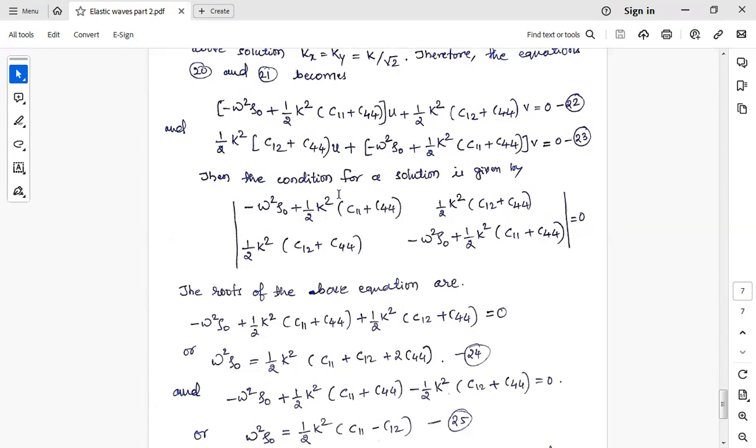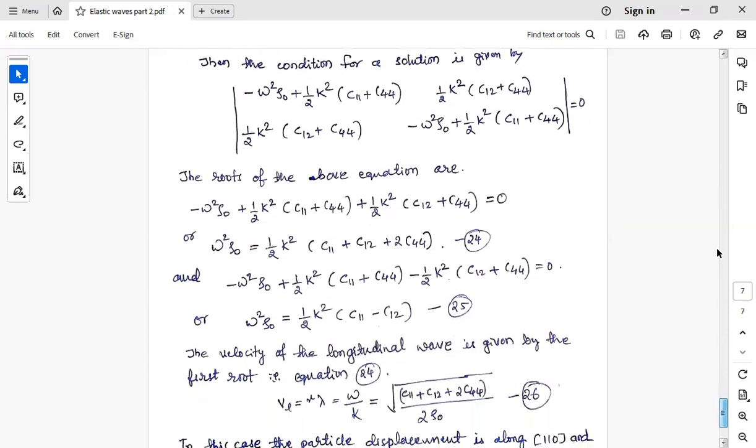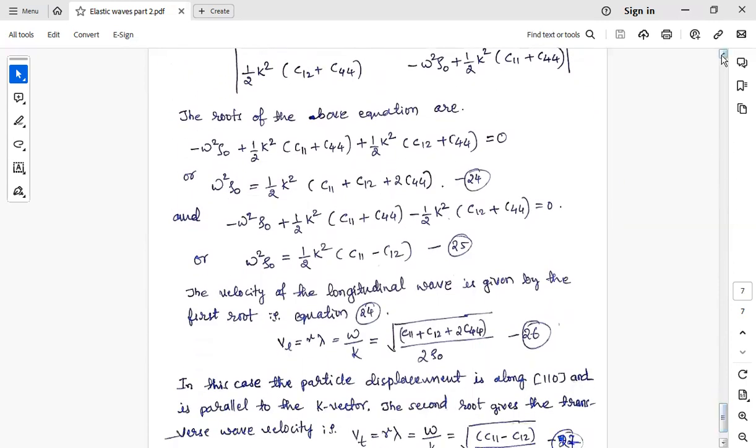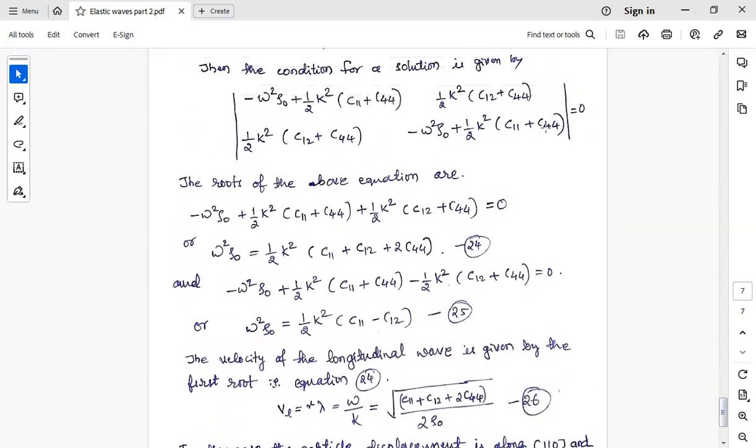For example, this is the coefficient of u in equation 22, and this is the coefficient of u in equation 23. So the roots of this equation are like this. When you add these two, you have to set it equal to 0.